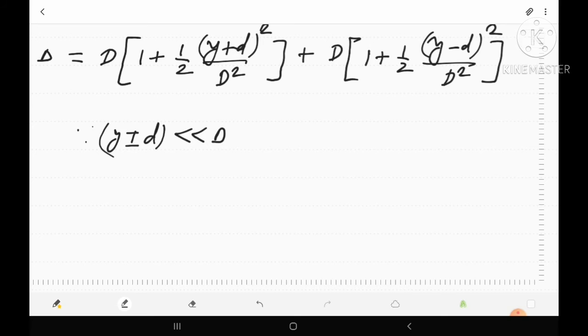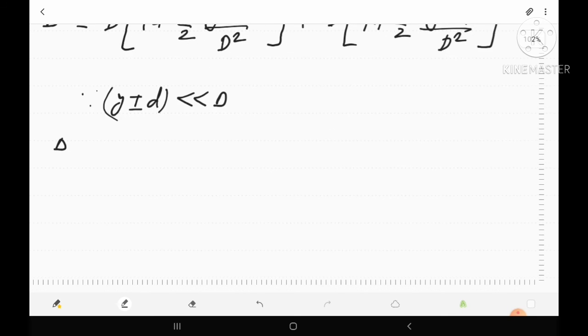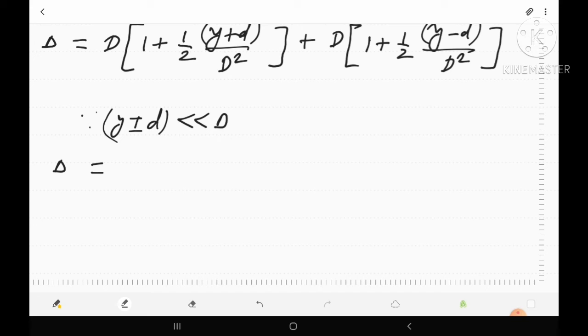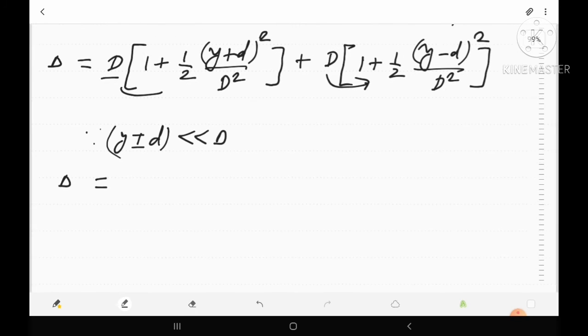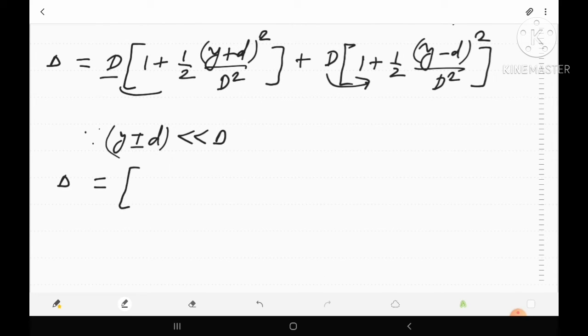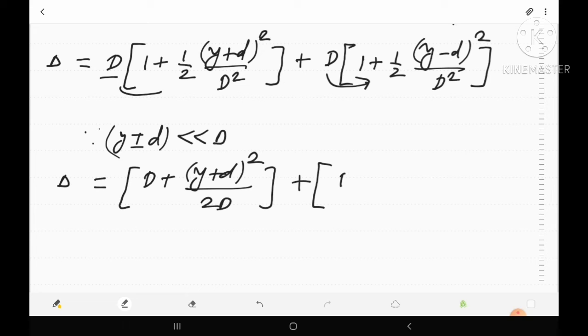Now delta is equal to, here again multiplying this d inside the bracket, then we have the bracket d plus y plus d whole square upon 2d, plus d plus y minus small d whole square upon 2d.